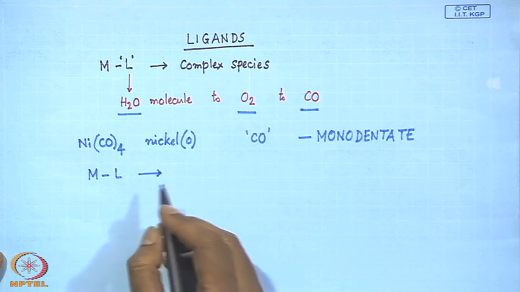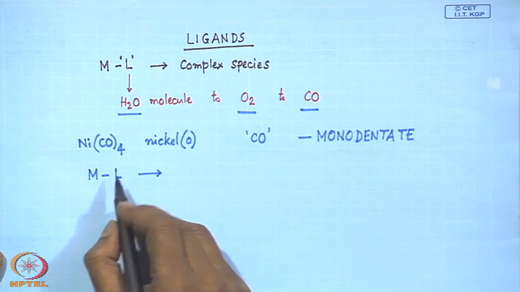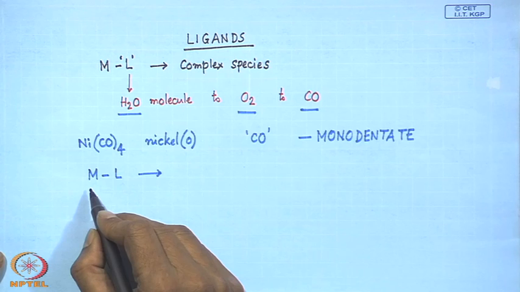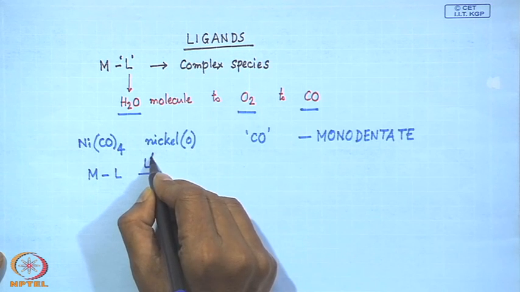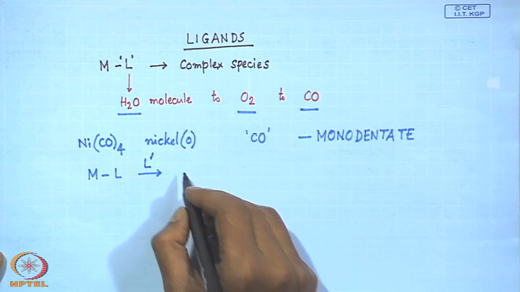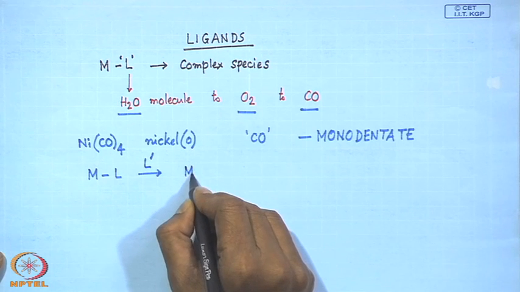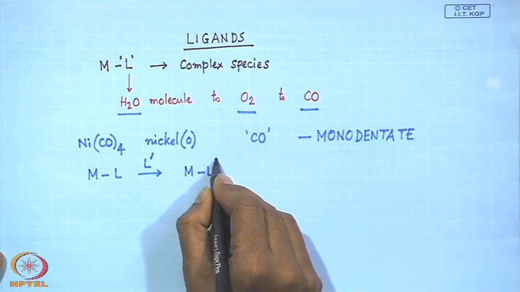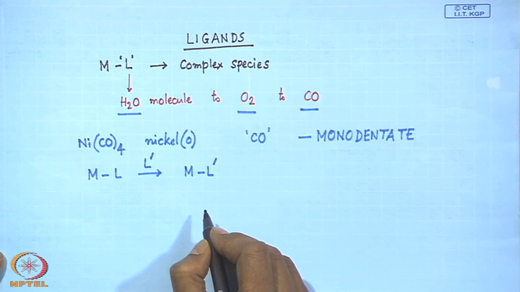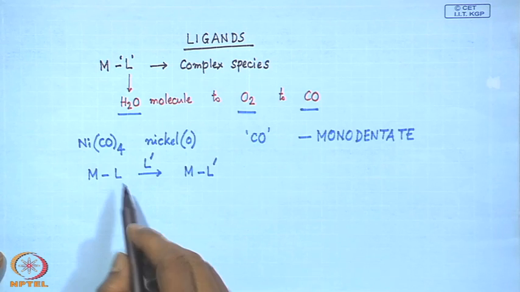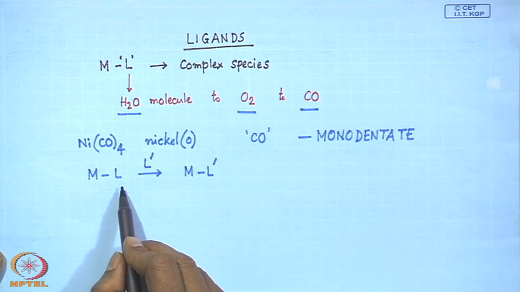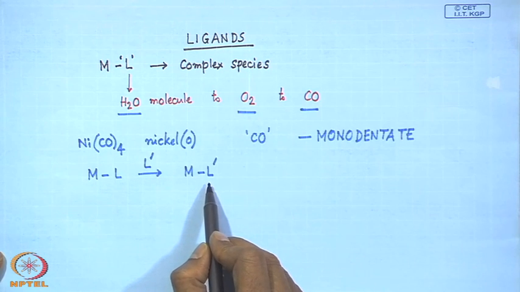So, if we have ML, and it can be ML6 also, that means 6 ligands surrounding the metal center, and if this is reacting with ML prime and L is substituted by L prime, then we call it the typical ligand substitution reaction, where the ligand L has been substituted by ligand L prime.